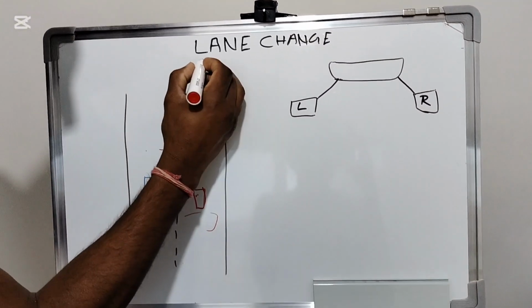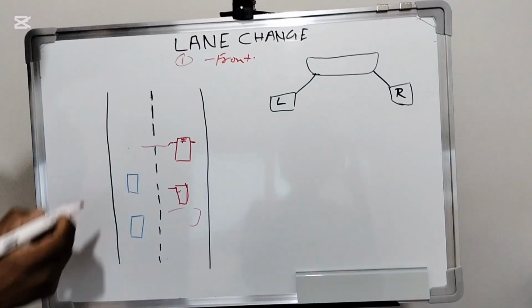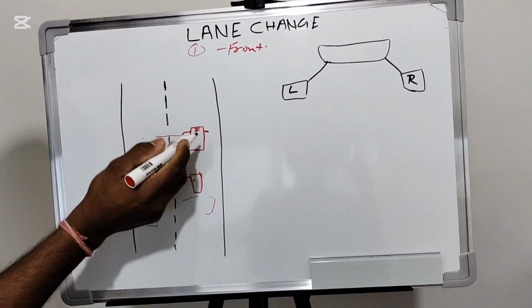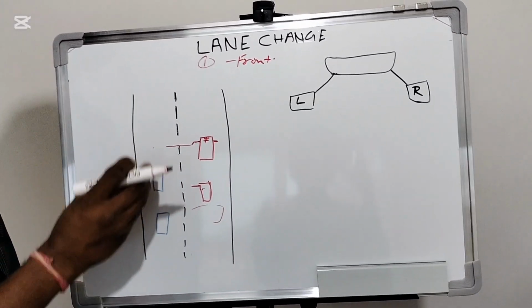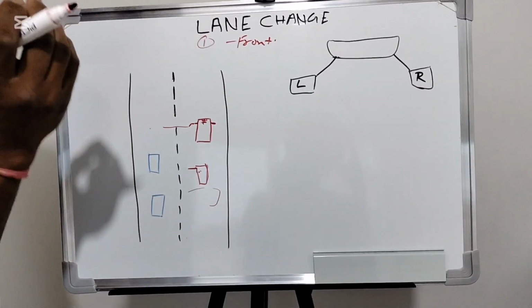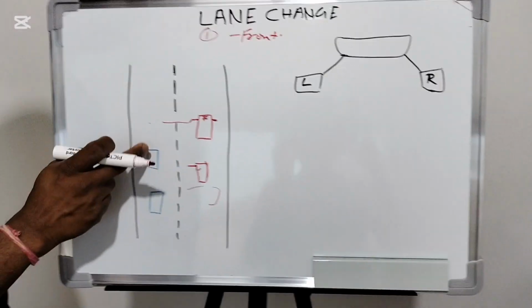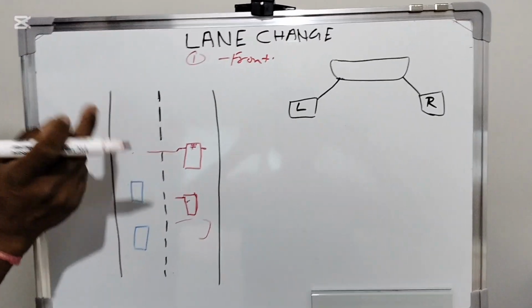You have option 1, in front of the car. If they don't want it, you can't just come suddenly in front of any car. If they don't want, you can't come in because you're requesting. So if they don't want to give you way, let them go.